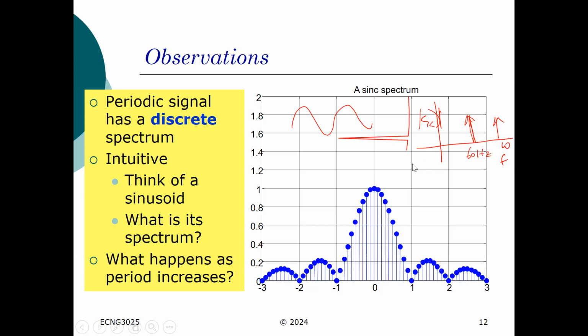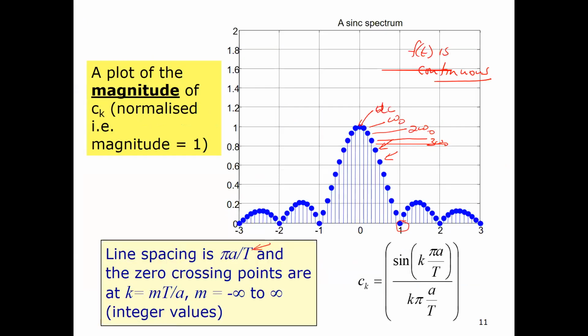So what happens as the period increases? If you go back here, notice that the line spacing is pi A over T. If the period increases, the line spacing is going to get smaller and smaller.